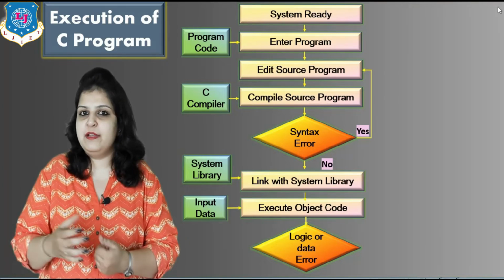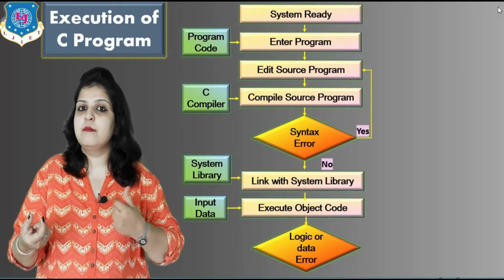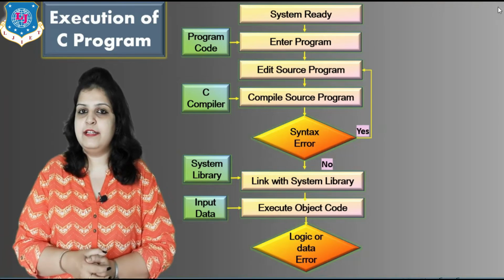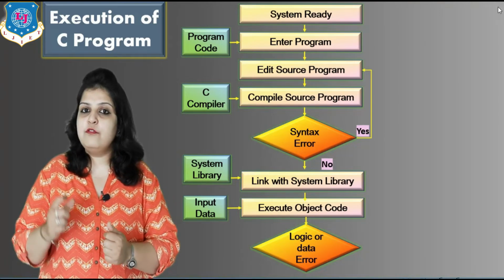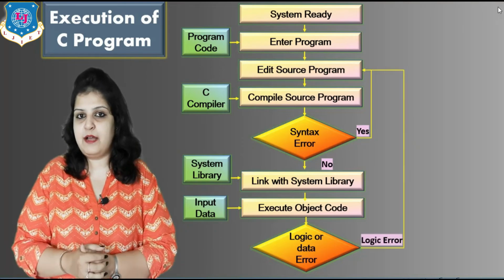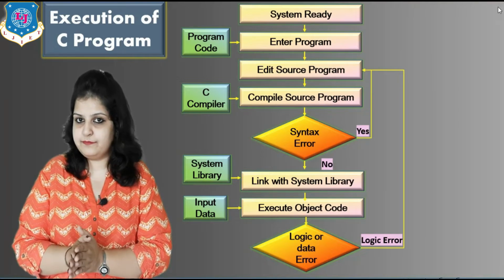Your output will be wrong because you have to do plus and you did minus instead of plus. So when a logical error occurs, you have to go back to the program, edit it, and instead of minus simply put plus.